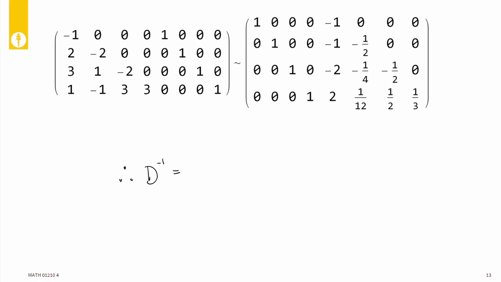And tell me if you're going to go rows or columns. Column -1, -1, -2, 2, 0, -1/2, -1/4, 12, 0, 0, -1/2, 1/2, 0, 0, 0, 1/3.